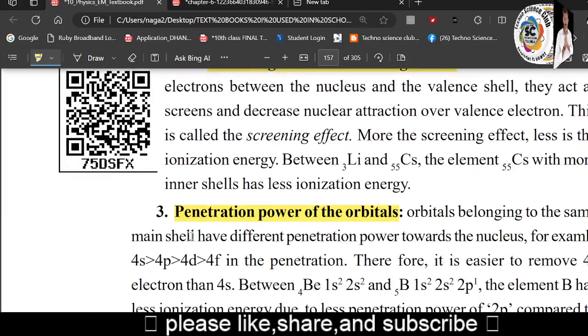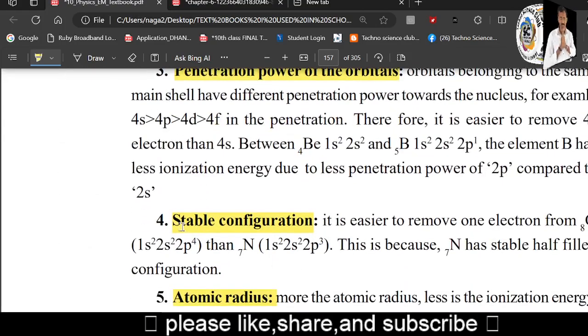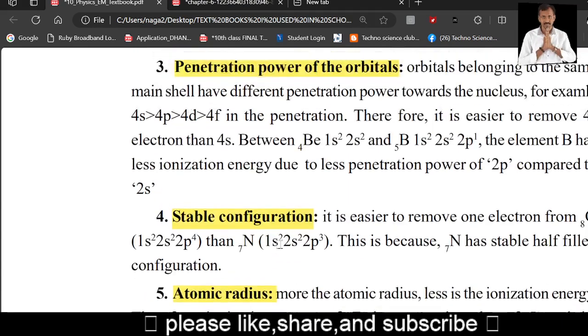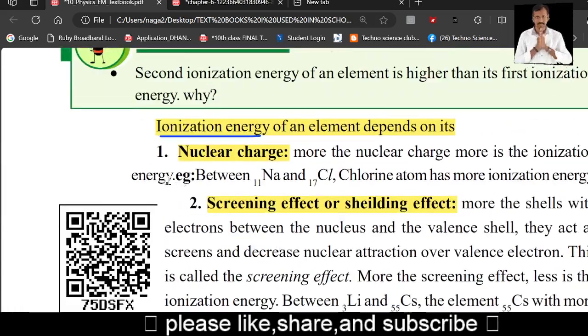The third is penetrating power of an orbital. The fourth is stable electronic configuration. And the fifth factor is atomic radius. The ionization energy of an element depends on these 5 factors. How do these 5 factors affect the ionization energy? Let's see.